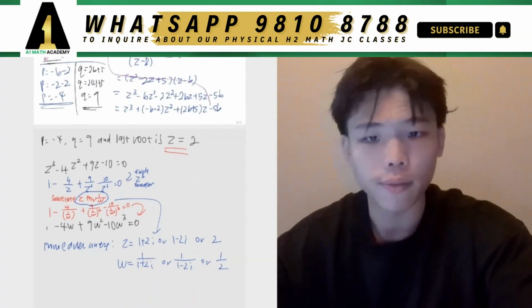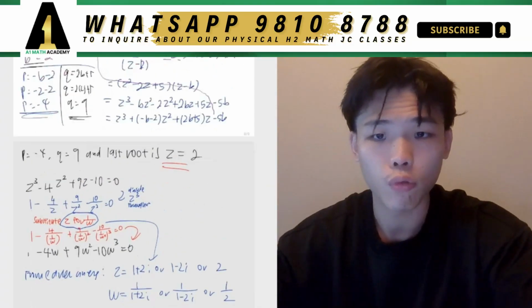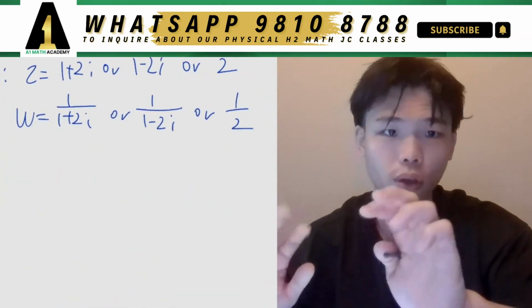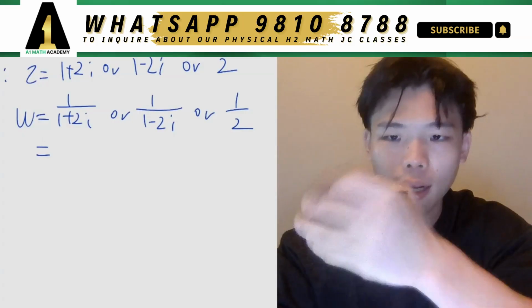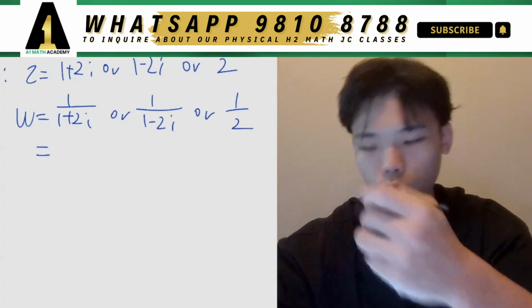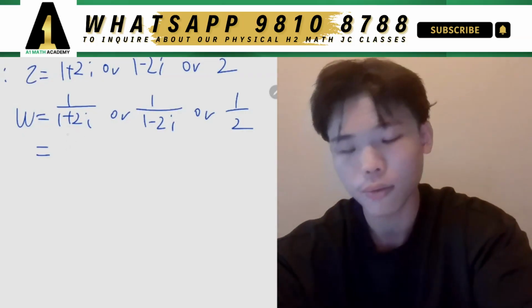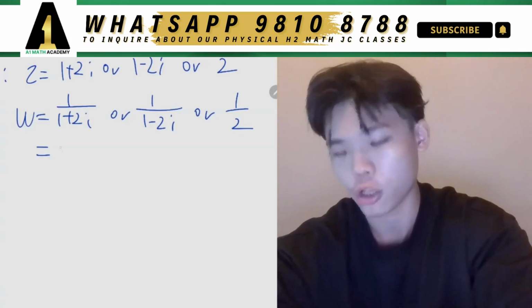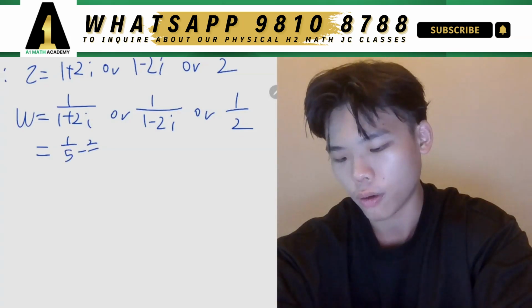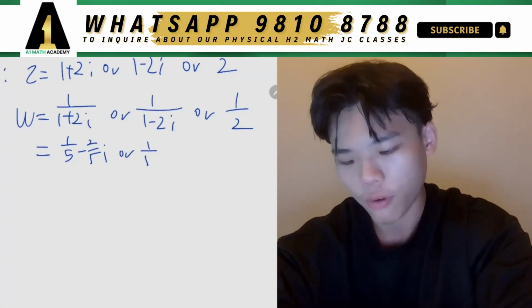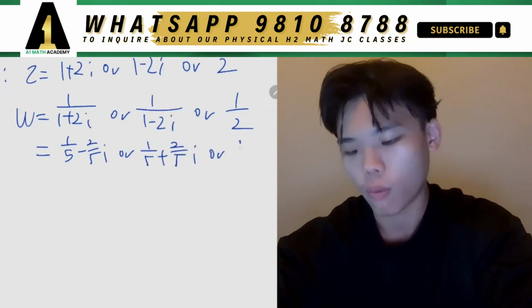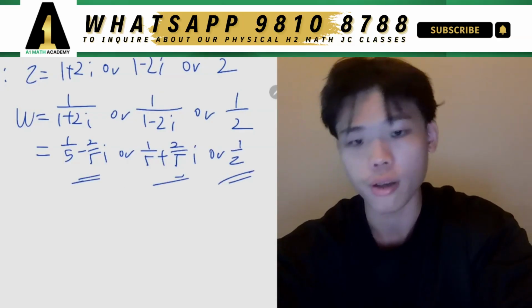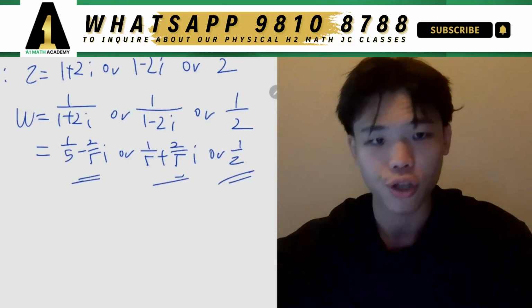Of course you can further simplify this by rationalizing the denominator, or you can just key this into your calculator. We get 1 over 5 minus 2 over 5 i, or 1 over 5 plus 2 over 5 i, or half. And those are the 3 final answers to this question.